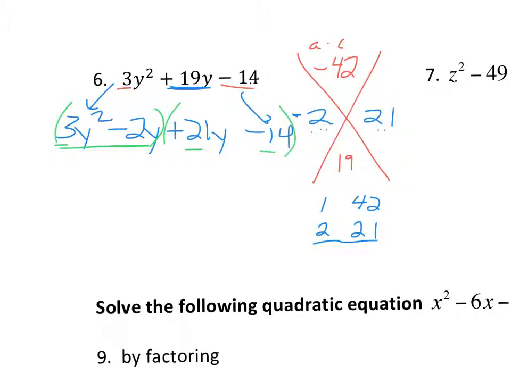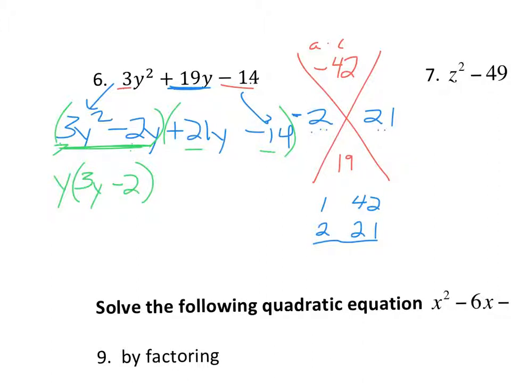On the left side, I'm looking for a greatest common factor. 3 and 2, nothing there. They both have a y in common, so I'm kicking out the GCF of y. If I take out a y, it means I still have 3y. And the second term, if I kick out a y, I still have minus 2.